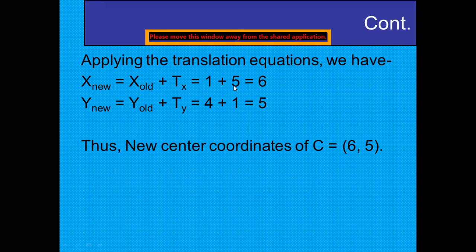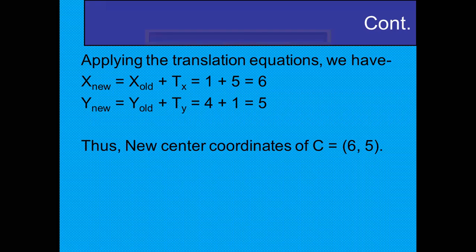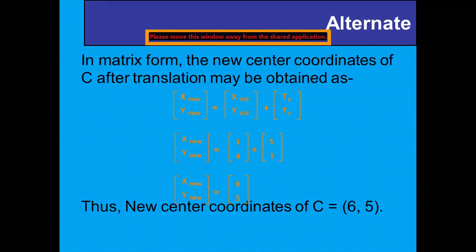Just put the values here. X old and y old are the coordinates already mentioned in the problem, and Tx, Ty we can put, and we will get x new is equal to 6 and y new is equal to 5. Thus the new center coordinates, because we are representing the circle as C, are C equal to (6, 5). So these are the new coordinates after applying the translation transformation.